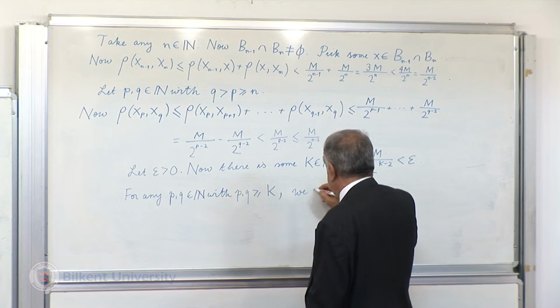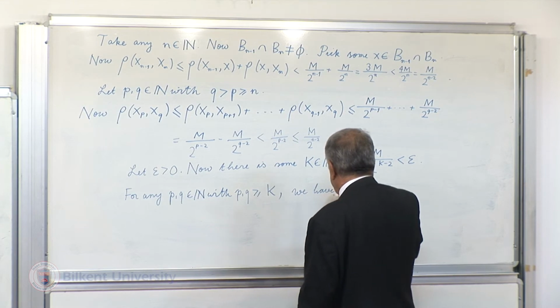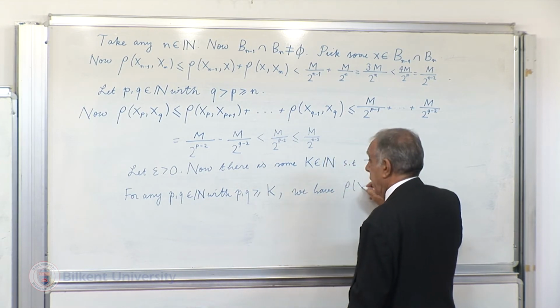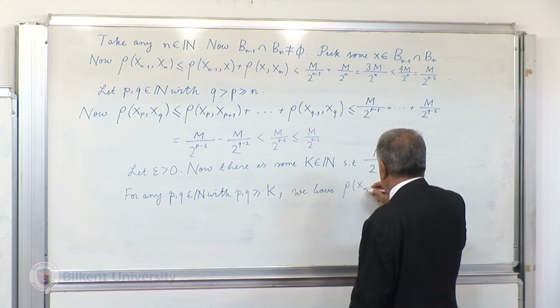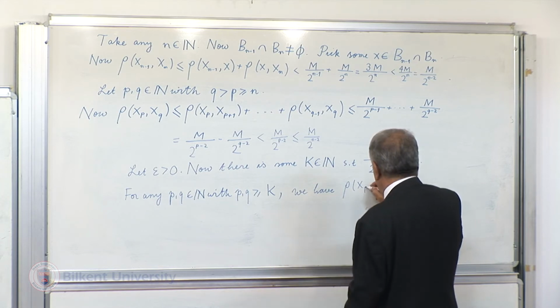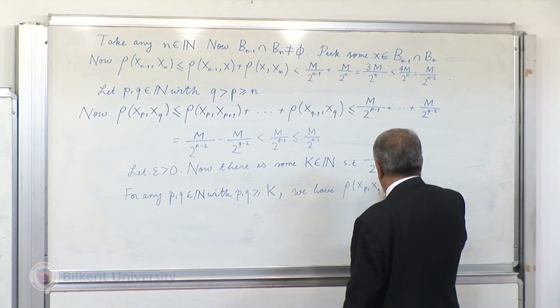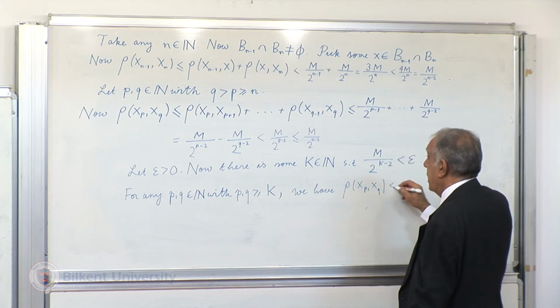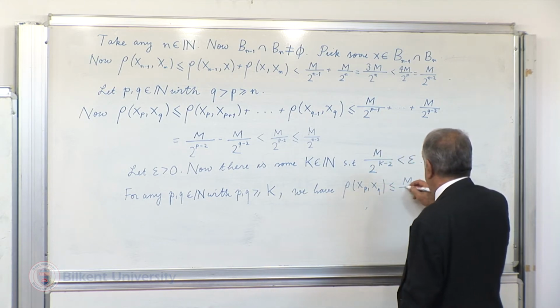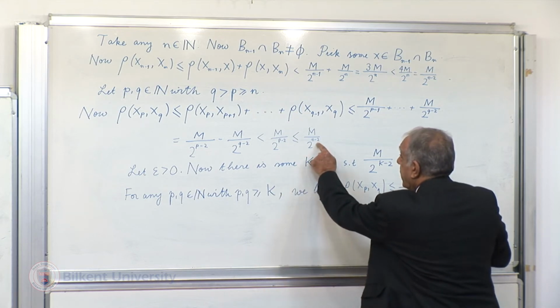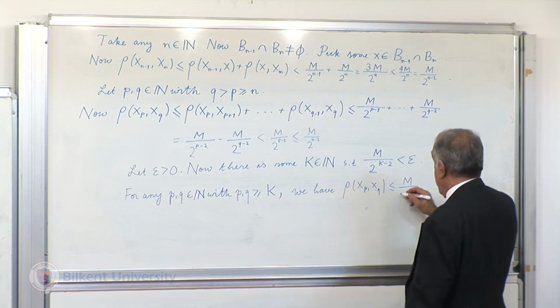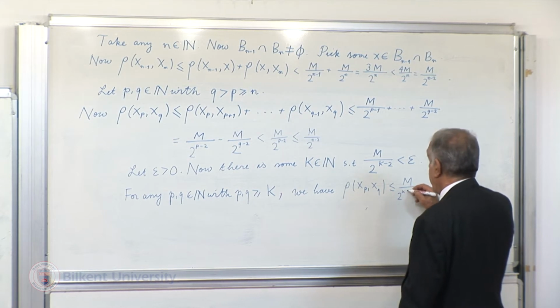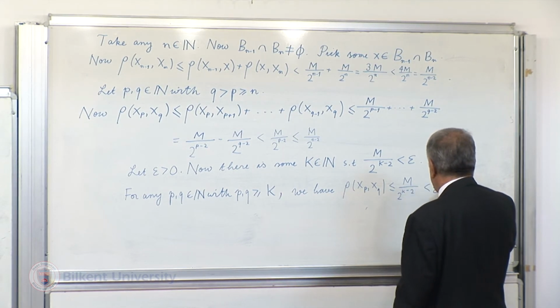We have rho of xp, xq will be less than or equal to m over, here this will be replaced by k, 2 to the power k minus 2, but that's less than epsilon.